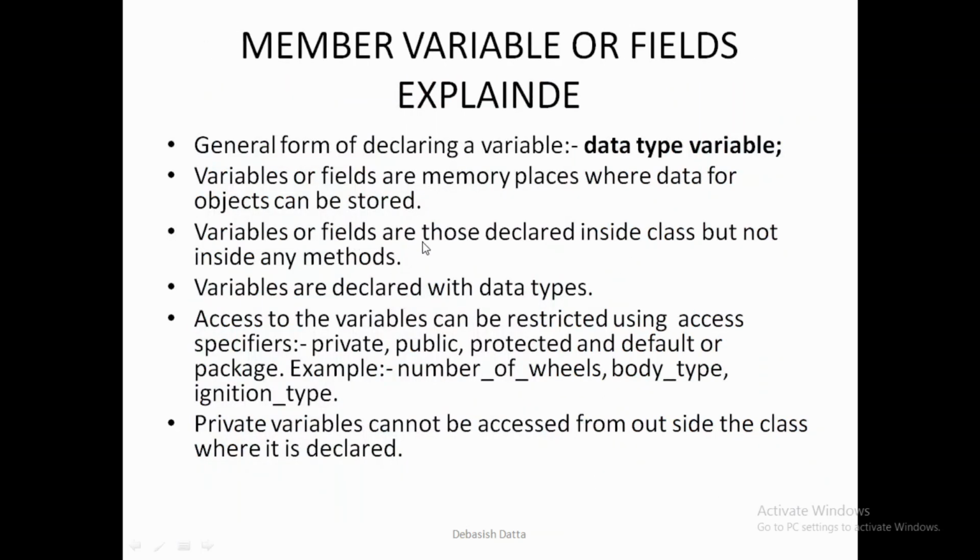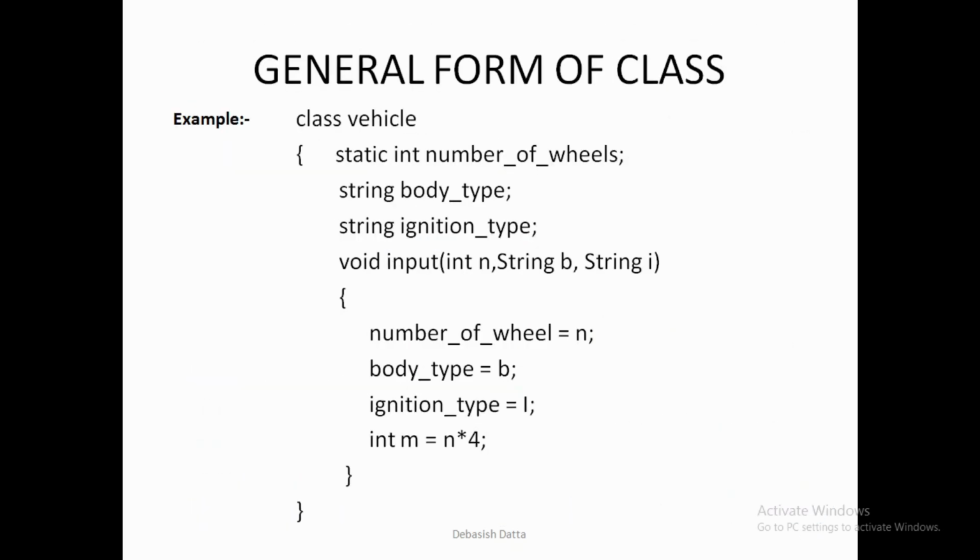So variables or fields are those declared inside a class but not inside any methods. See, these are the member variables of the class vehicle. The point is that those variables which are declared inside the class but not inside any method qualify as member variables.